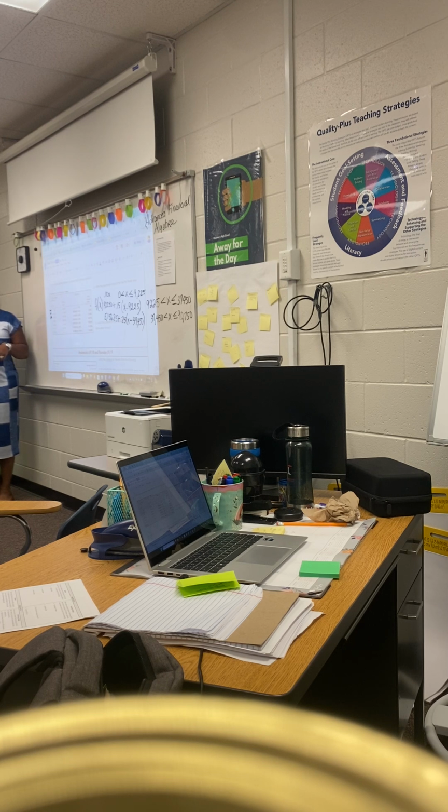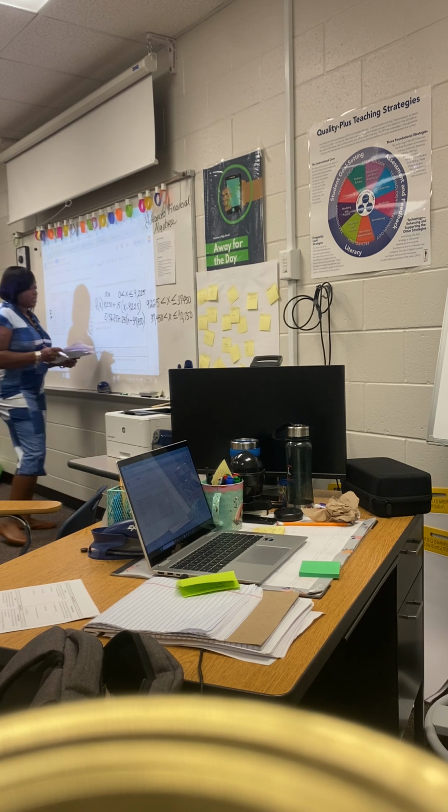It would be the last one, right? That's 413,000 on. So I'll be using this one. This is the piecewise function I'm gonna use. So it should look like this.